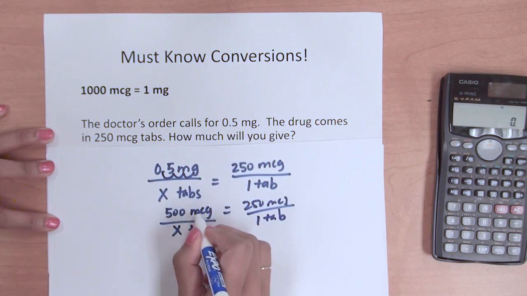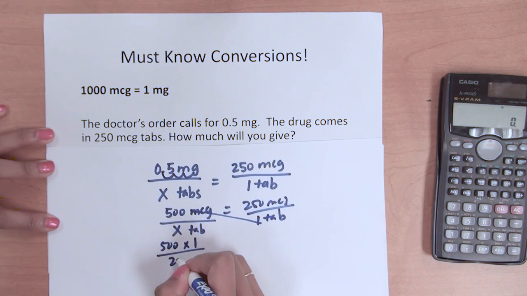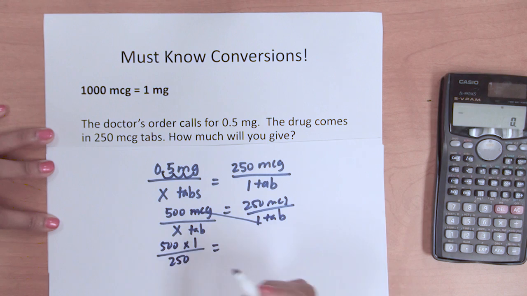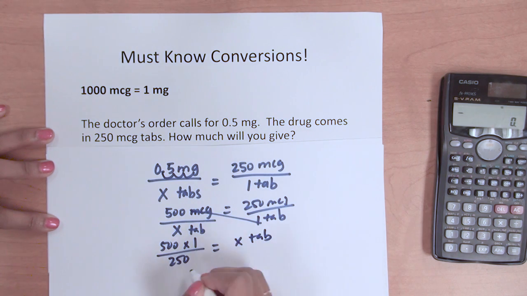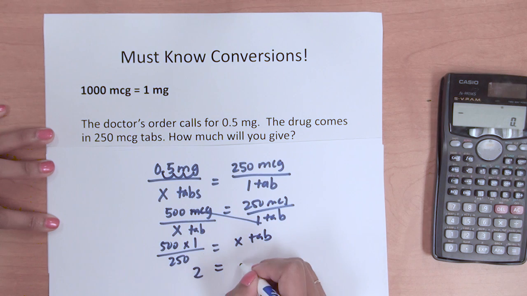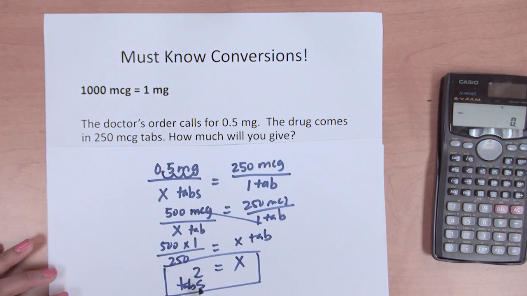So cross multiply and divide. We're going to go 500 times 1, divide by 250. 500 divided by 250 equals 2 tabs. 2 tabs equals X. So we need to give 2 tabs to get that dose of 0.5 milligrams.